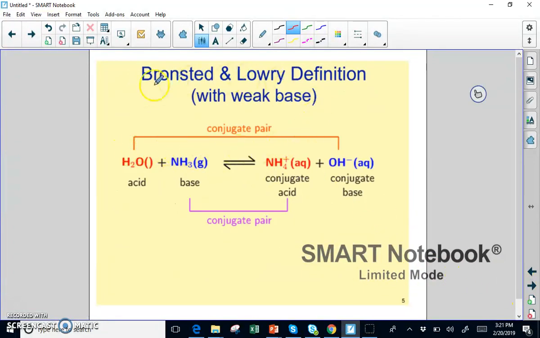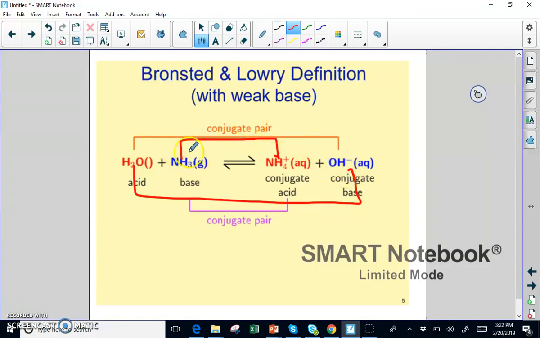So here we have the same sort of reaction, but now instead of an acid with water, we're reacting a base with water. We see what happens to NH3: NH3 accepts a proton and becomes NH4+. Because NH3 is accepting a proton, it's acting like a base. Water, in this case, loses a proton, or loses an H+, and becomes OH-. So now these are known as pairs.